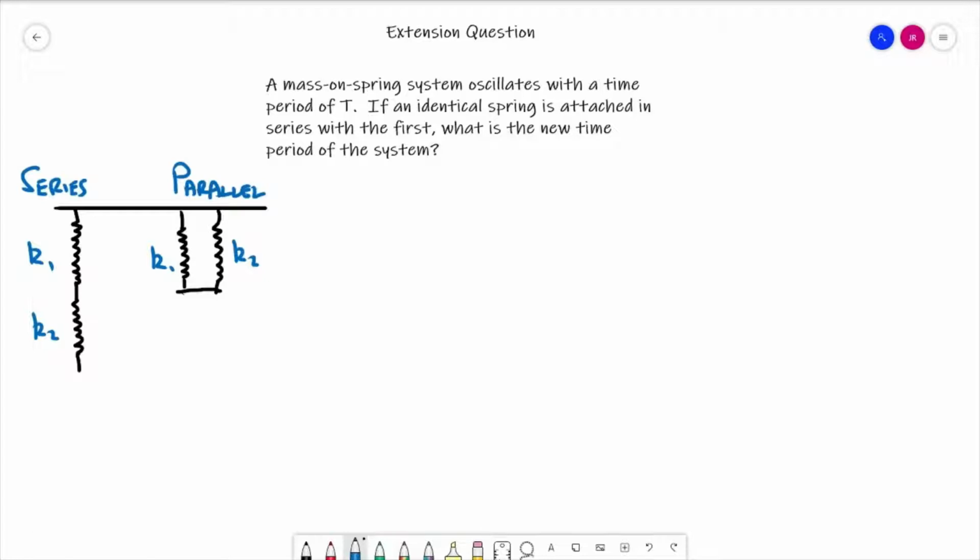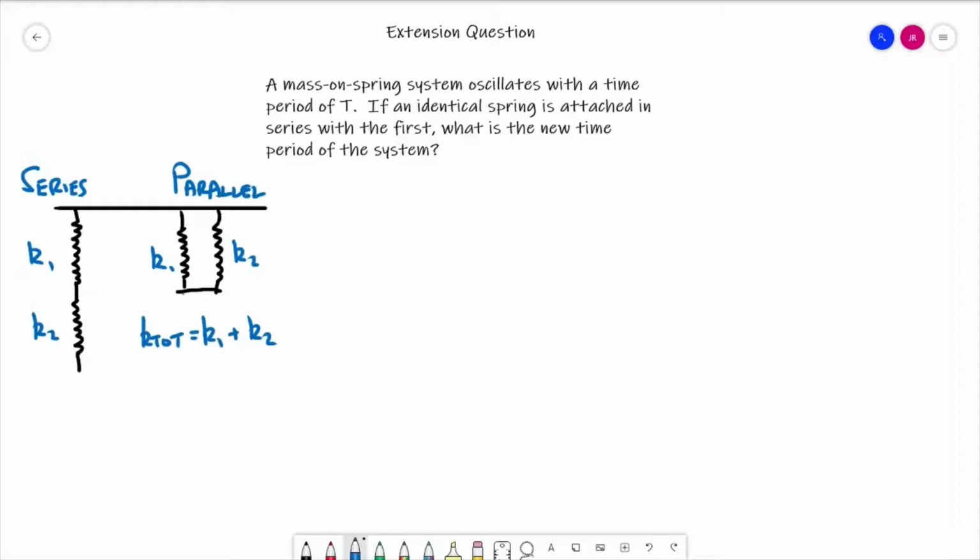When it comes to springs, the equations look very similar to the same equations when we do combinations of resistors, but they work the other way around. When they're in parallel, the total spring constant is the sum of the spring constants in the system. So if we had 3 in parallel, K1, K2, K3, it would just be K1 plus K2 plus K3.